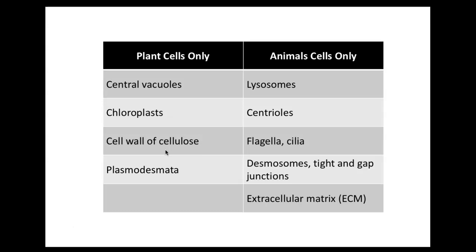All right, on your handout, I think I've given you plant versus animal cells. That was the next thing to write down. If you want, I would pause the video right now and write these things down, because I think this is important. If you want to have something in front of you on the day you take the AP exam, you can.